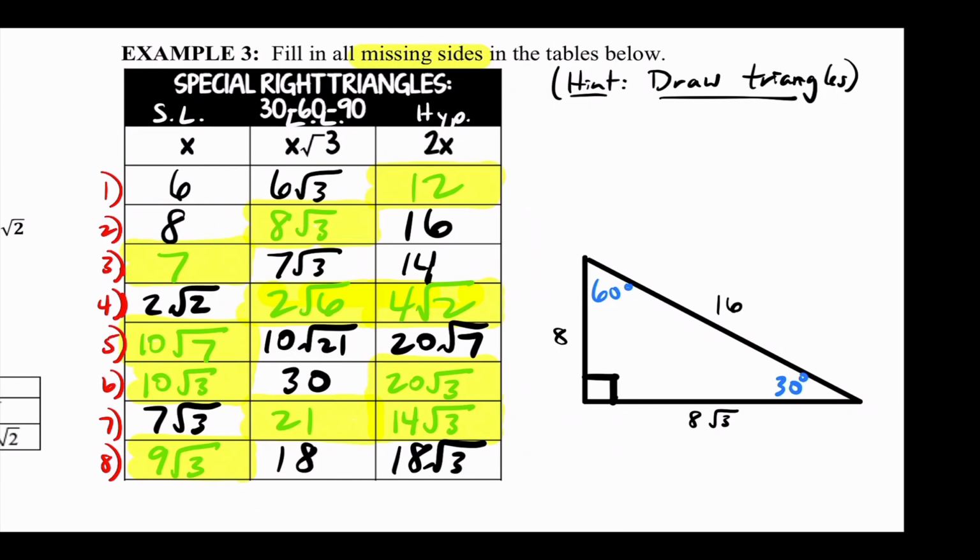All right. So the 30, 60, 90 table. Here are the missing pieces here.